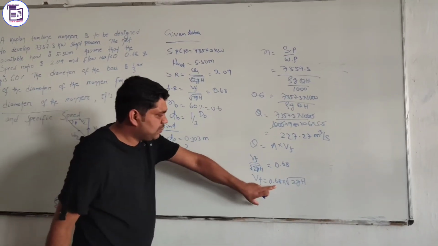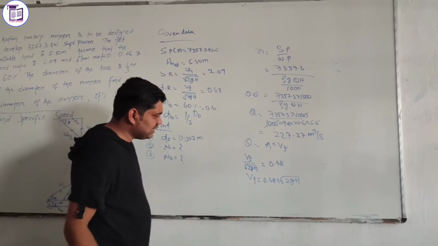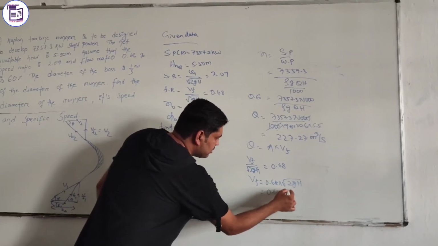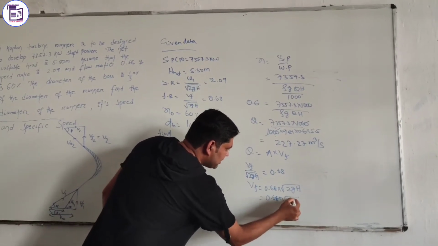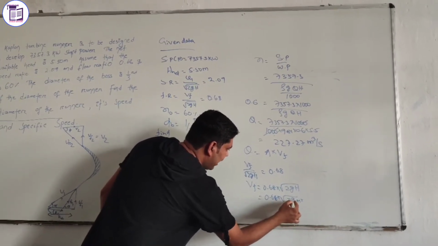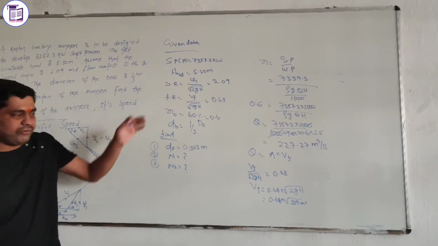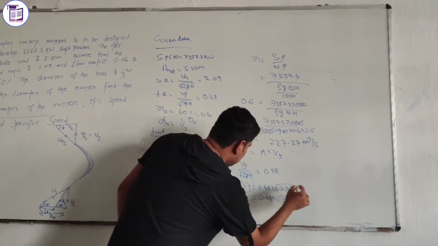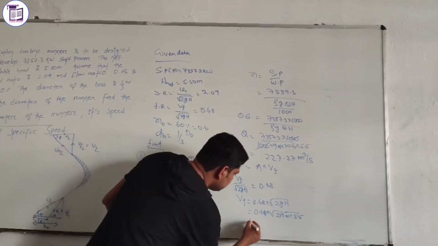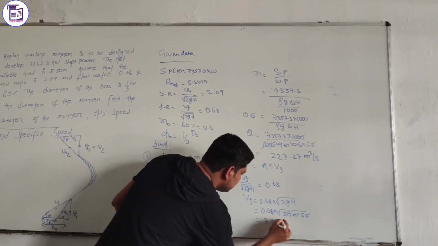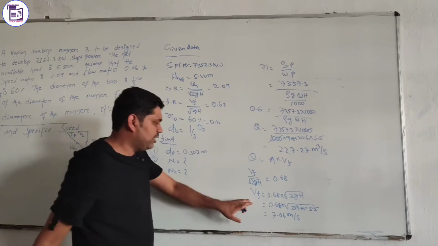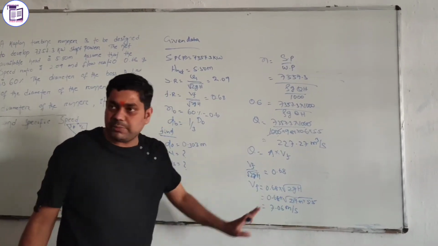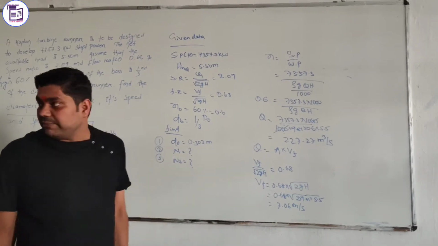From this you can find 0.68 into root of 2 into gravitational acceleration, that is 9.81, into head, which is already given, 5.5. Put the value 5.5. Now flow velocity is equal to 7.06 meter per second, because flow velocity is distance by time, and you can write meter per second. So this is your Vf value.